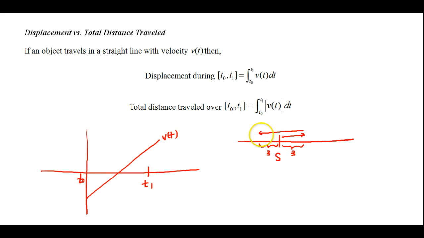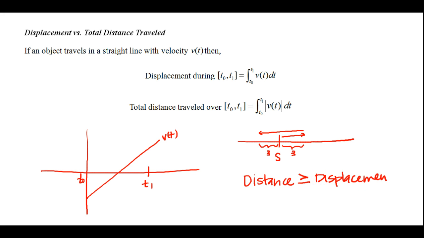If I'm thinking about how much gas I've used, I don't care about the displacement, because every day I start out at home, I drive to school and go back, my displacement is 0. But I definitely use gas because I traveled all the way to school and all the way back. So here my distance would be 3, and then I have to go back 6, so I have a distance of 9. Remember that distance is always going to be greater than or equal to displacement.